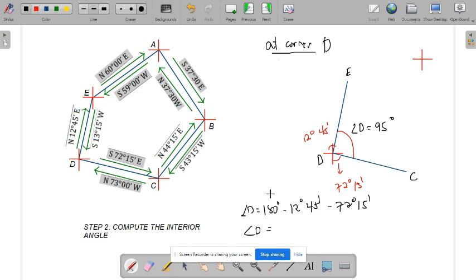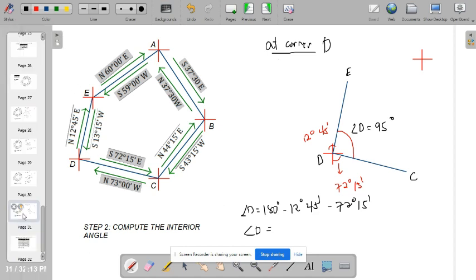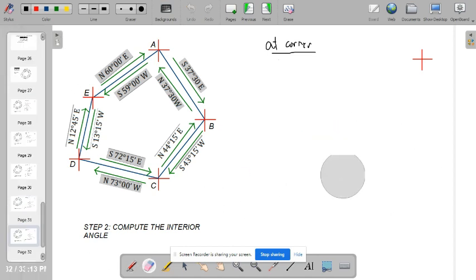So let's continue with corner E. ED is backward.